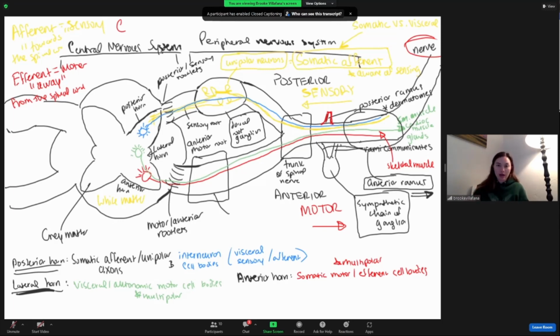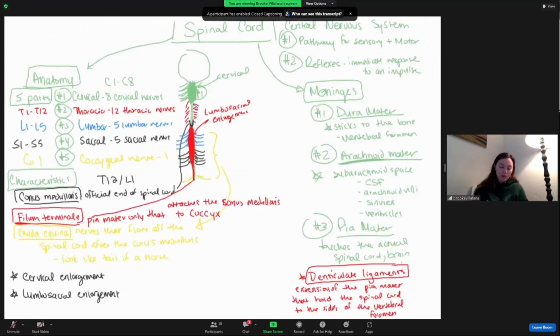I already told you that they have a nerve. So if you go back to this page, when we said that we have C1 through C8, C2 through C8 has nerves, right? So C2, C3, C4, C5, C6, C7, C8. T1 through T12, L1 through L5, S1 through S5, and CO1.